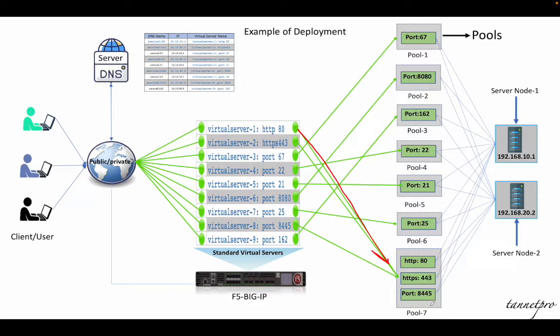Try to understand pool 7. This is pool 7, in which I have given the name pool 7. Pool 7 has multiple services, right? Got it? Now this is the pool.